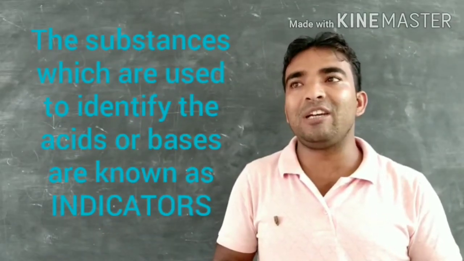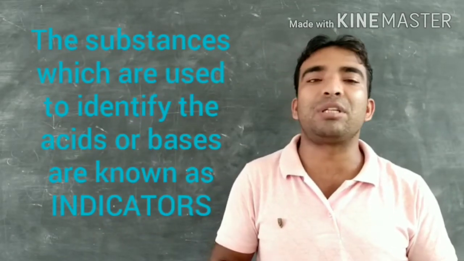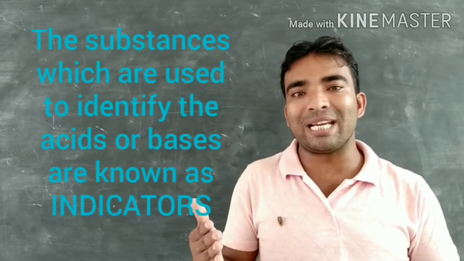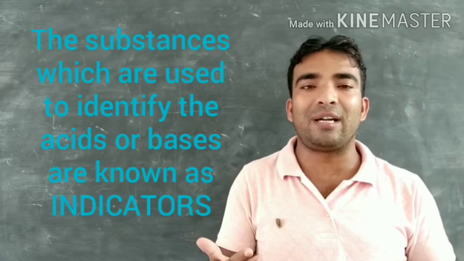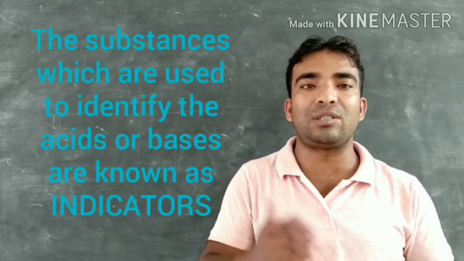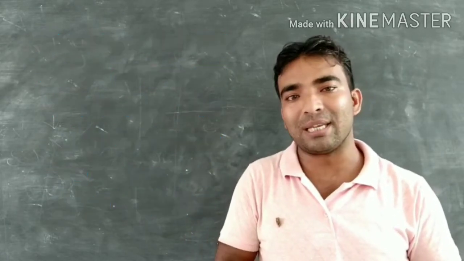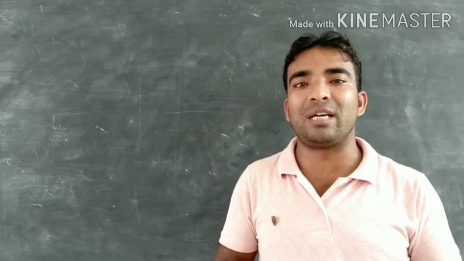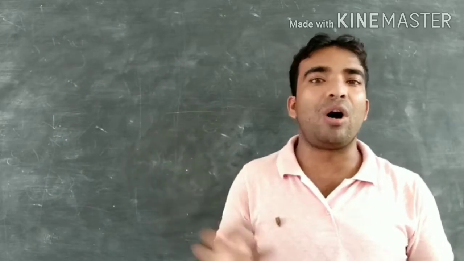How can we understand that the given substance is acidic or basic in nature? Because these indicators give different colors when they come in contact with the acids or when they come in contact with the bases.